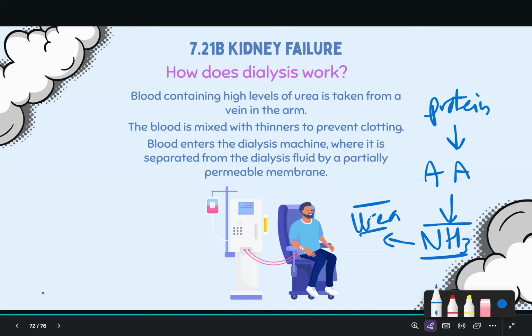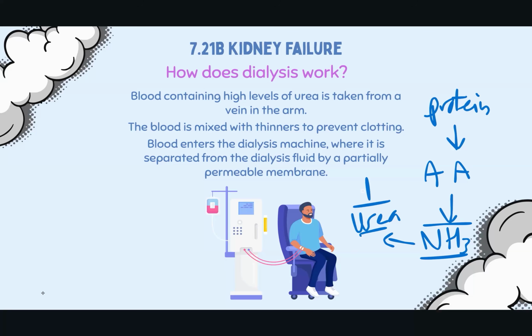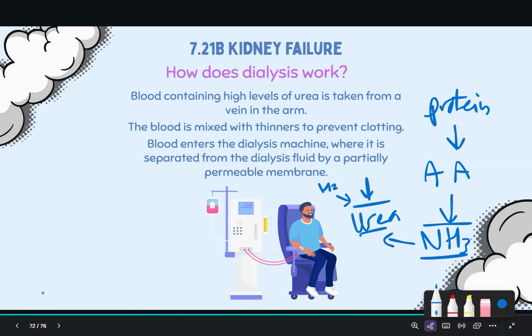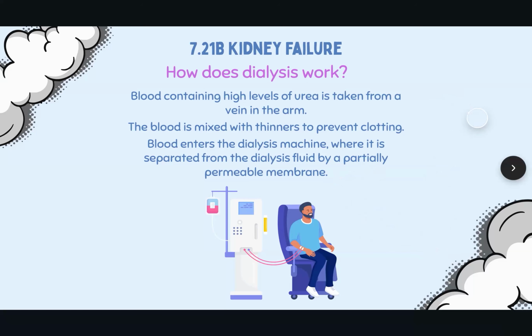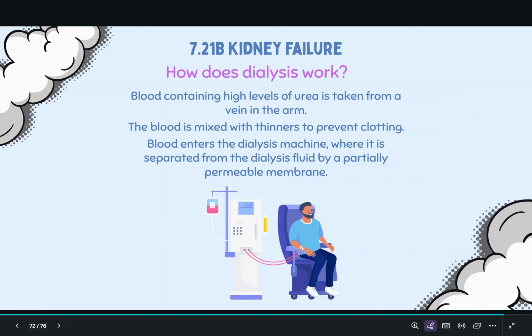Urea is harmful, but not as harmful as NH3. Then we add water to the urea to turn it into urine. So that's how urine is produced. So our urine is full of urea, which our body needs to get rid of.